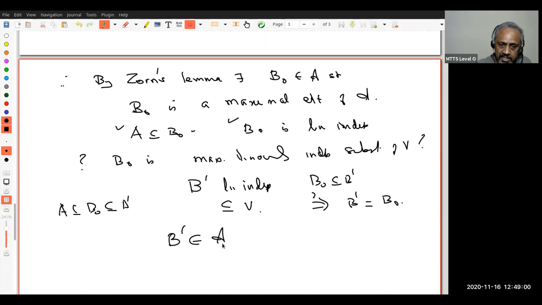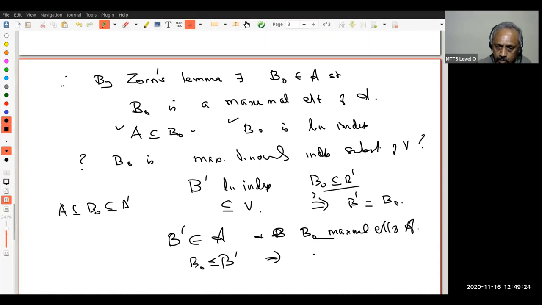Now B dash is an element of A and B naught is a maximal element of script A. Therefore, what do I know? You also have B naught is less than or equal to B dash. That's also given. And B naught is a maximal element. Therefore, this shows B naught equals B dash.